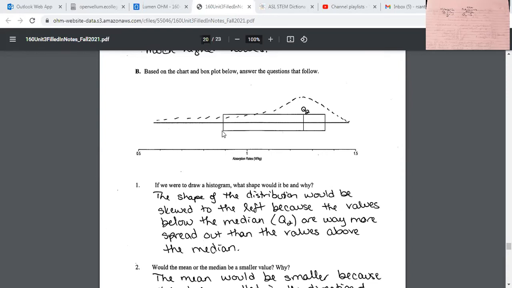The first line of your box represents the first quartile. The second line of your box represents the second quartile. The third line of your box represents your third quartile. And then the very end here, this tail, that value that's represented by being the very last value here is your high value. And that's how you read a box plot.